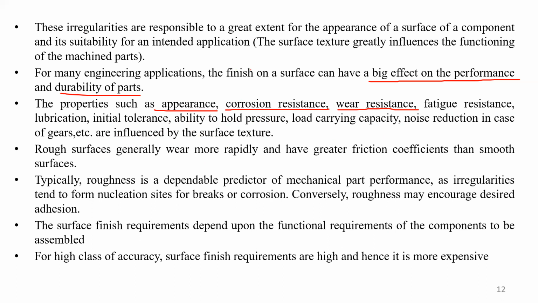Suppose these are the irregularities produced on the surface. If the irregularities are larger in size, they corrode easily and are so subjected to corrosion. If the surface is smooth, then the corrosion is less.